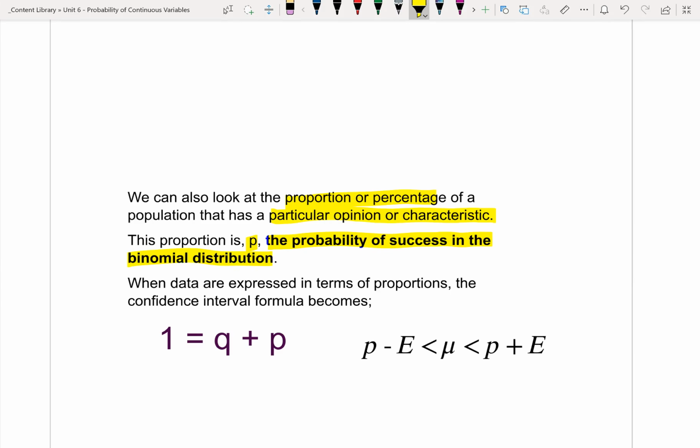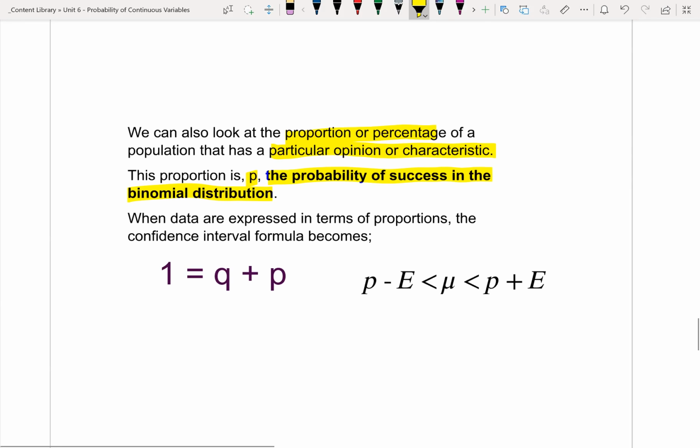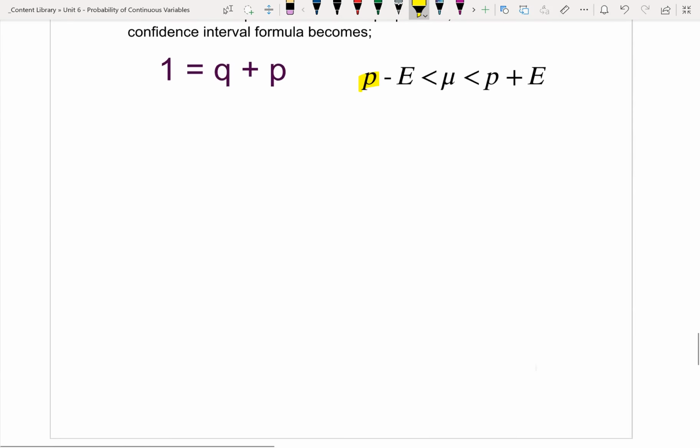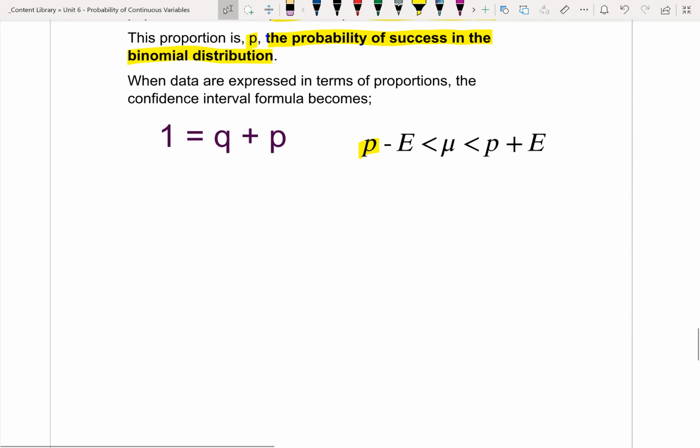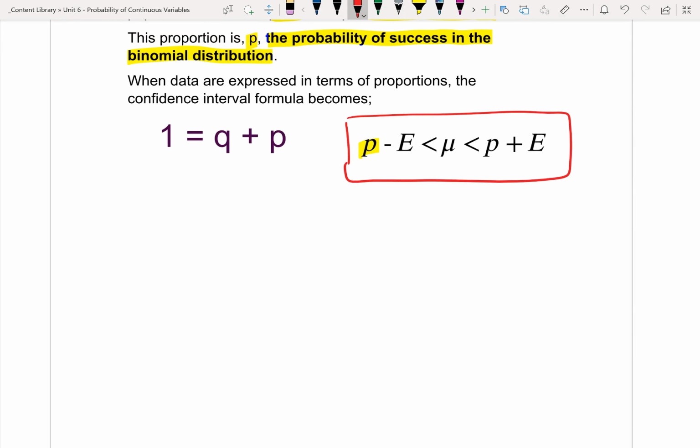And when data is expressed in terms of proportions, the confidence interval formula becomes, instead of the mean, the probability minus E and the probability plus E. So very similar to what we just did in the last note, these would be my confidence intervals.